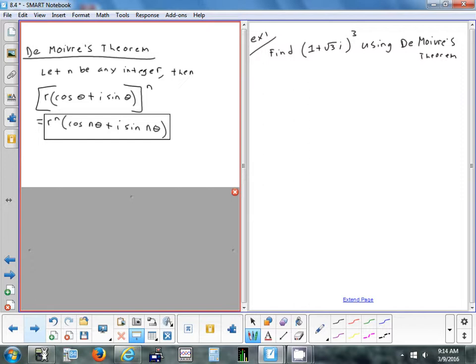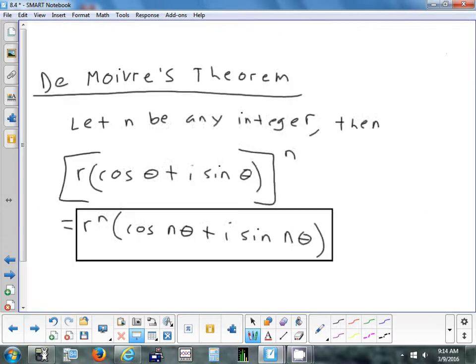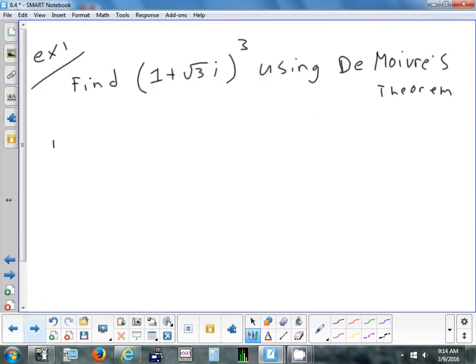Trig form. Okay. So that's the first step. I got to get this into trig form with the sines and cosines. In trig form, I need 2 things, r and theta. Right. So if we were to sketch this, we've gone right 1, up root 3.